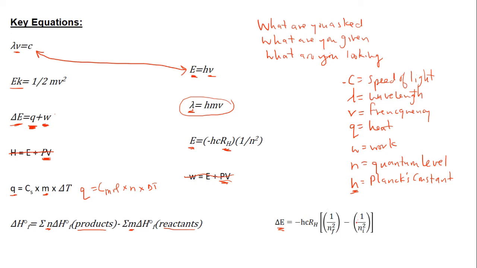So all we need is to remember this equation, where n is our quantum level, n initial is where we started, so if we started at energy level 6, we'd do 1 over 6 squared, and final is where we finished, so at quantum level 4 it would be 1 over 4 squared. So if you're asked to find energy given quantum levels, these two equations are the only two that work with respect to a quantum level of energy.